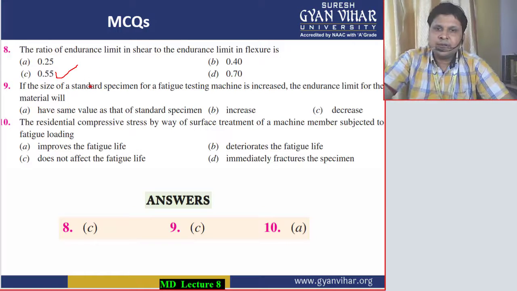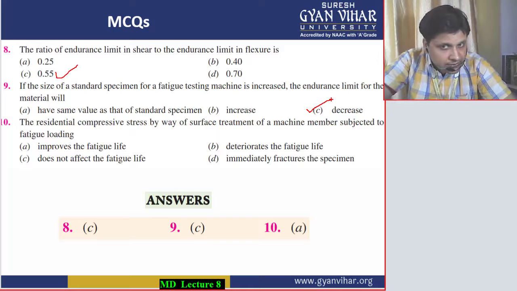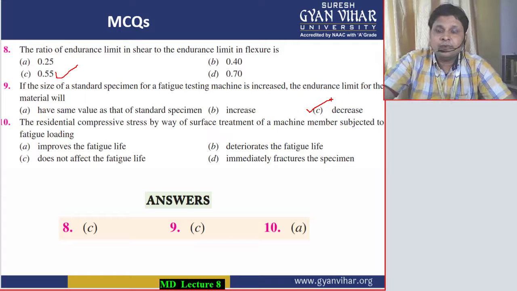Then, if the size of a standard specimen for a fatigue testing machine is increased, the endurance limit for the material will, as you see the options are given to you. So option C means the endurance limit will decrease. By increasing the size of the specimen, the endurance limit will decrease.